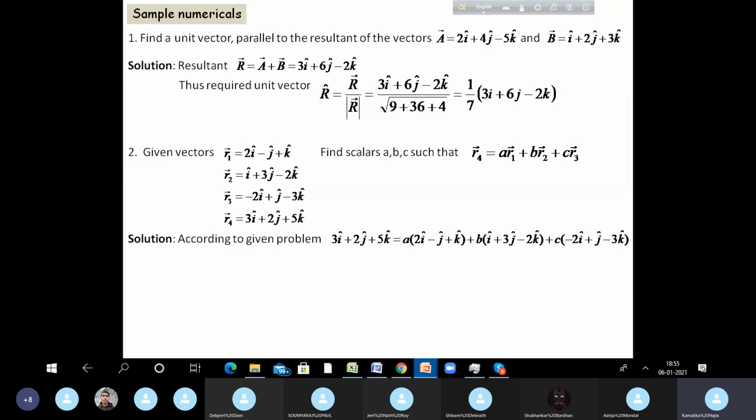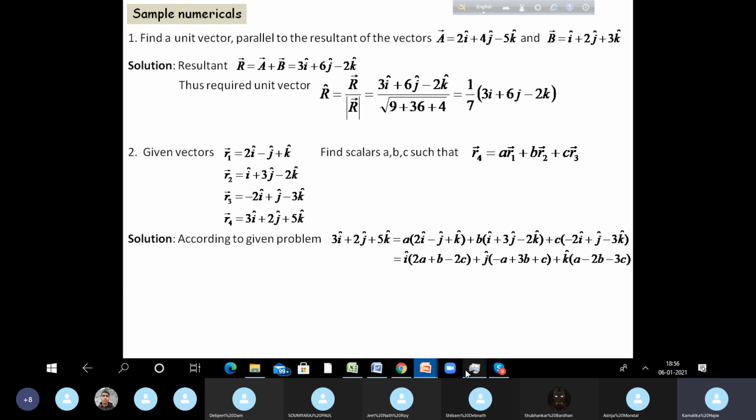For those who could not, this is how you start it. You are given 4 vectors and you are asked to write one vector in terms of the others. So first you write the vectors in this form: R4 is 3i plus 2j plus 5k, and then A into R1, B into R2, and C into R3.